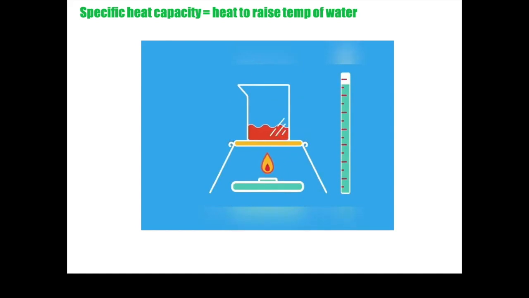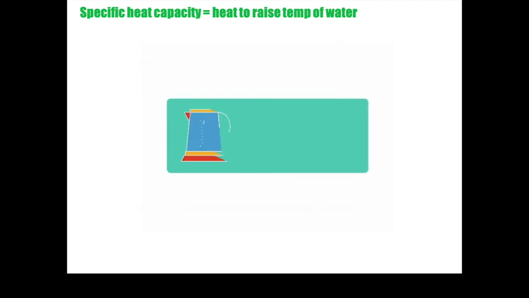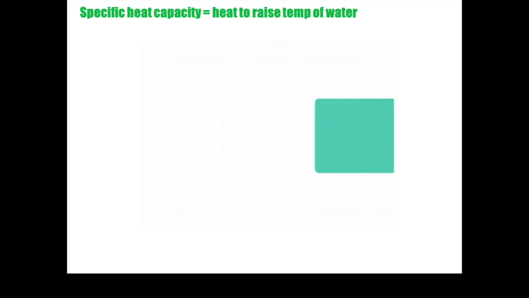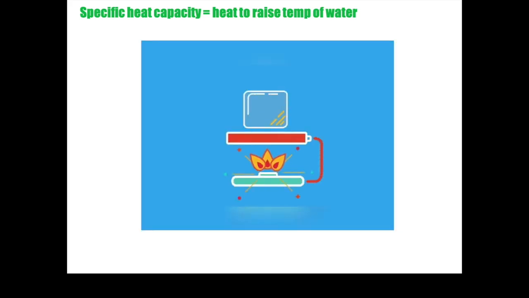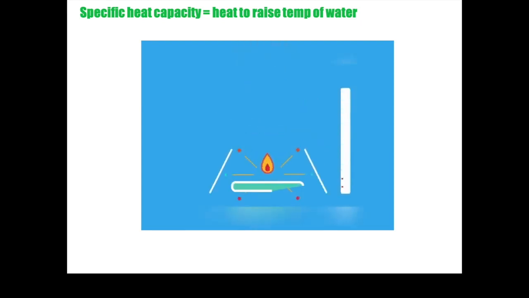So if you've been asked why water has a really high specific heat capacity compared to other liquids, you're going to have to say, because the heat here in the kettle is required to break those hydrogen bonds that exist between the water molecules. You really need the definition of specific heat capacity: it is the heat needed to raise the temperature of 1 kilogram or 1 liter of water by 1 degree.